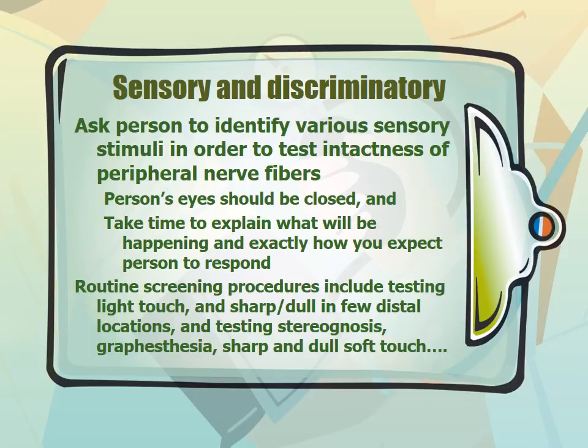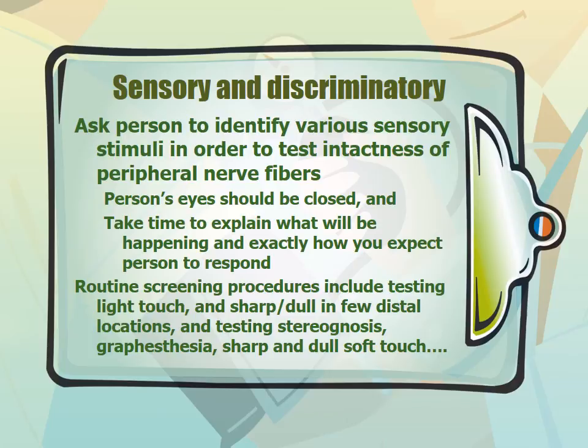Okay. Routine screening procedures include testing light touch and sharp dull. Light touch would be with a wisp of cotton, of course. Sharp dull may be making sure that you're showing this is what dull feels like, this is what sharp feels like, and doing from what? Head to toe. You may do stereognosis, which is the identifying of different objects in each hand.